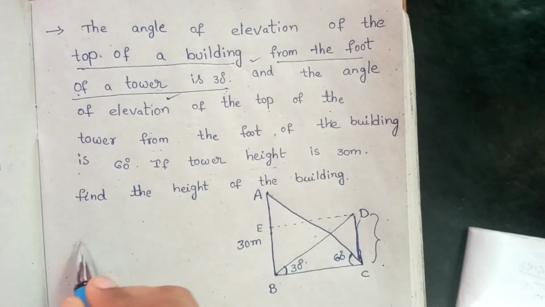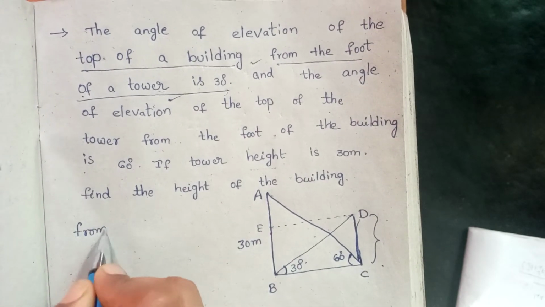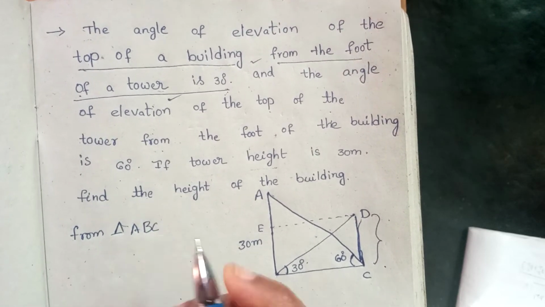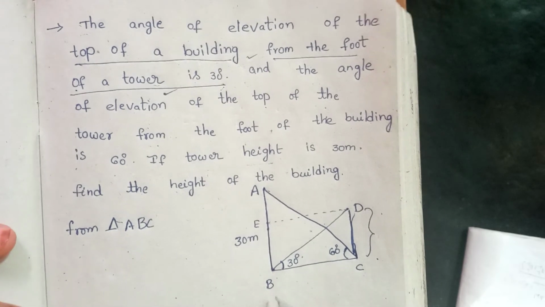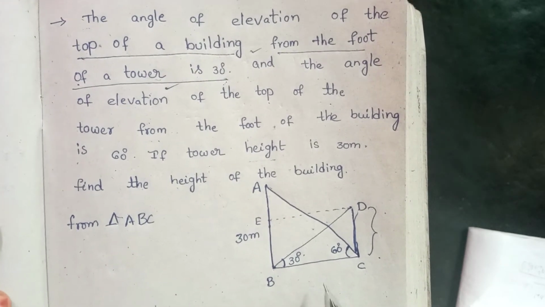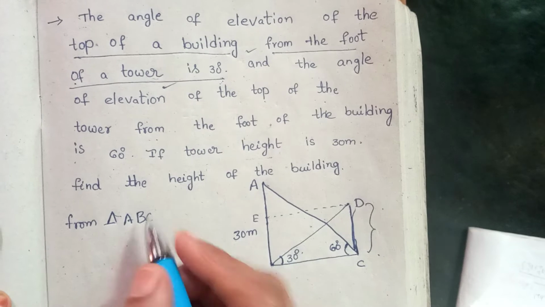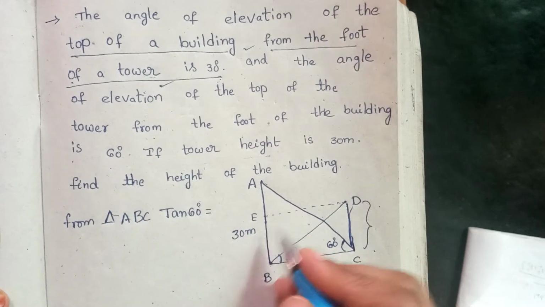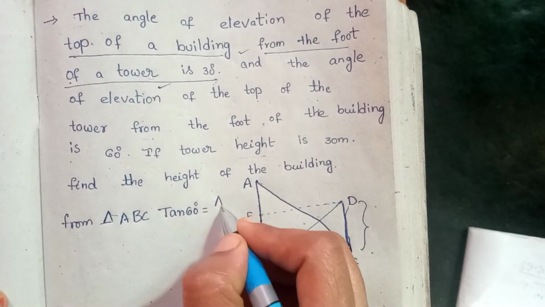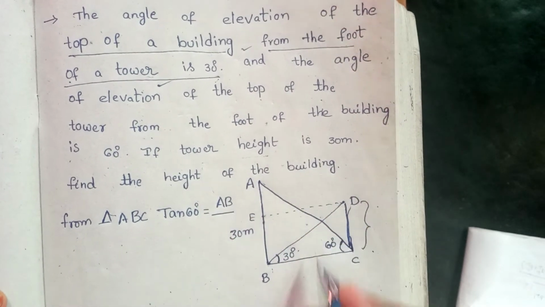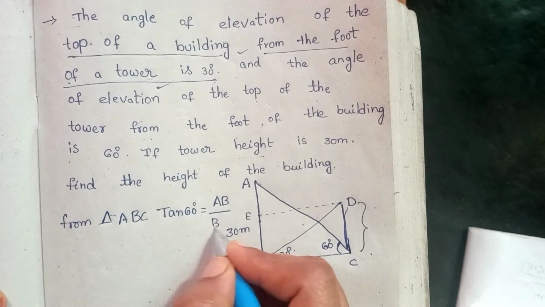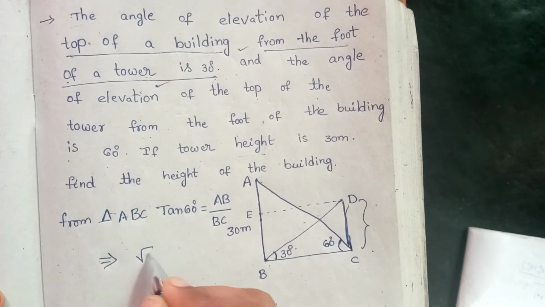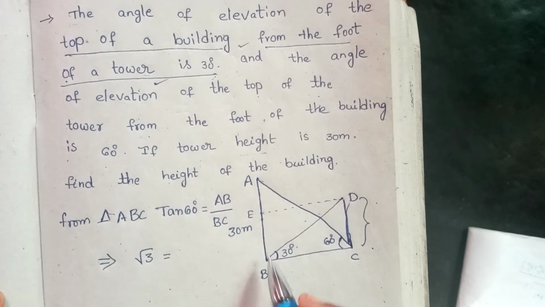From triangle ABC, we can write tan 60 equal to opposite side, that is nothing but AB, by adjacent side, that is nothing but BC. Tan 60 is nothing but root 3.